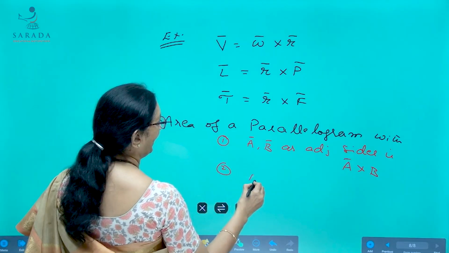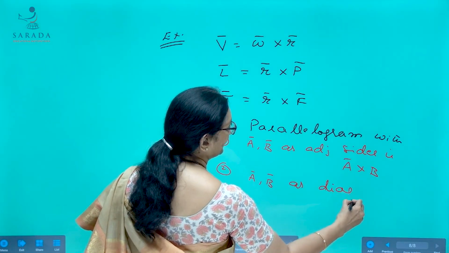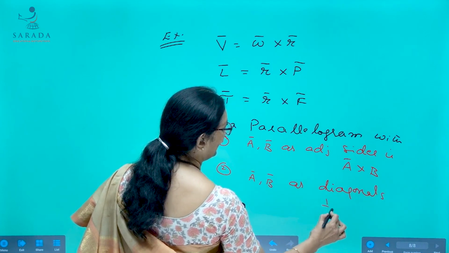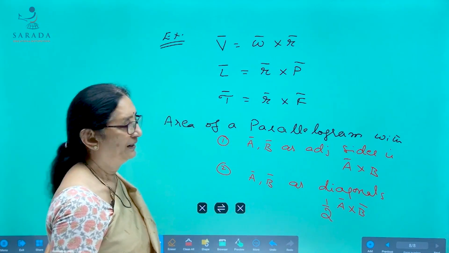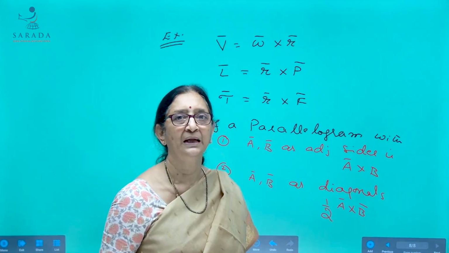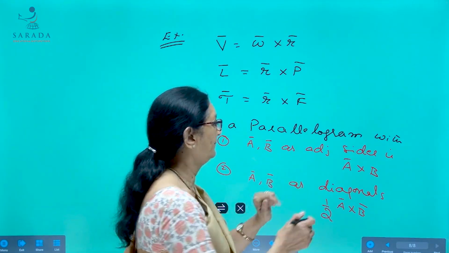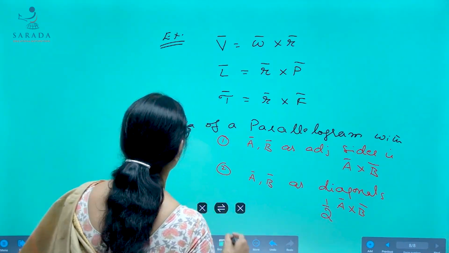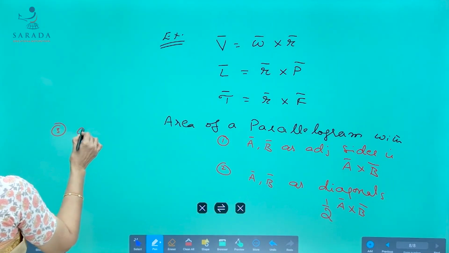With a bar and b bar as diagonals, its area is half of a bar cross b bar. That gives you the area vector in vector form. If you want the magnitude of the area of that parallelogram, you have to just take the modulus of that cross product.